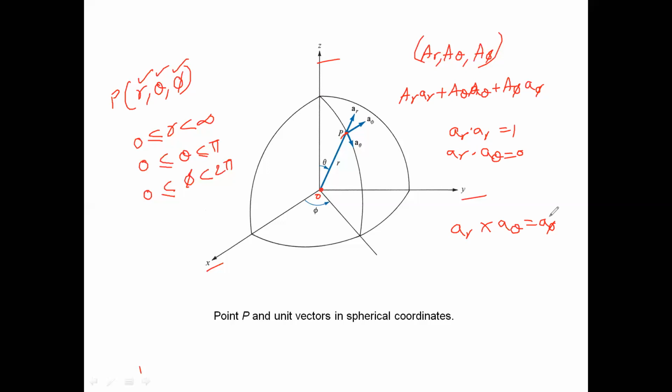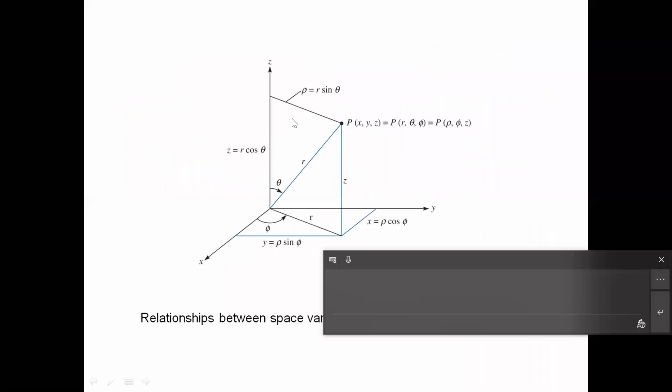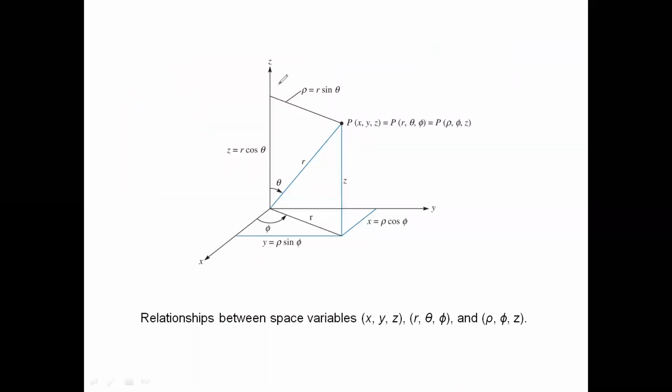Now let's look into the relation between all three. This is what we just mentioned, the relation between the Cartesian coordinate system, circular cylindrical coordinate system, and spherical coordinate system.